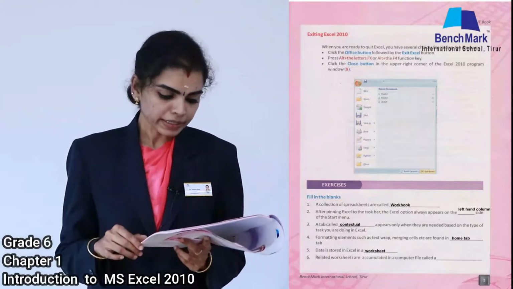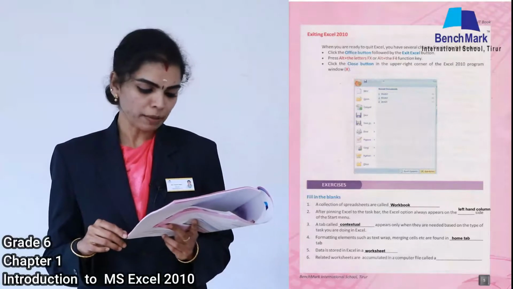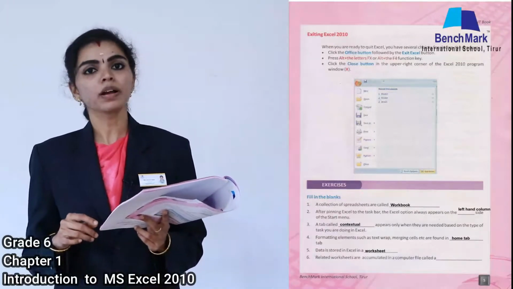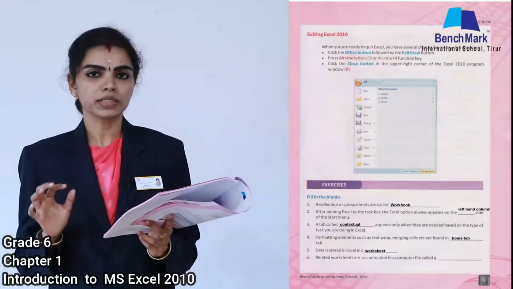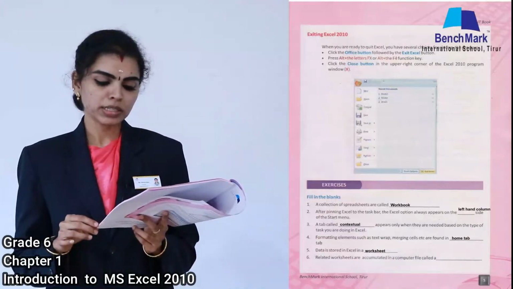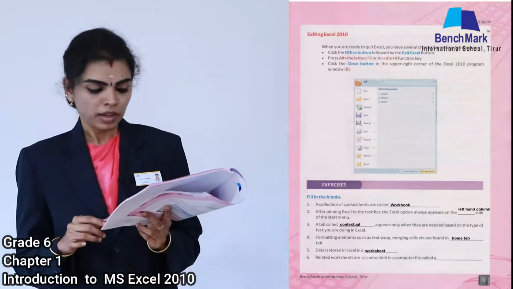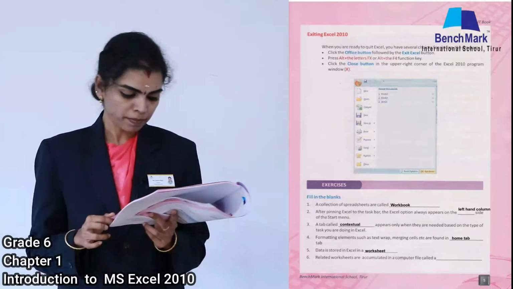A tab called dash appears only when it is needed based on the type of task you are doing in Excel. So what is that tab? Contextual tab. Contextual tabs appear only when they are needed. Formatting elements such as text wrap, merging cells, etc. are found in the Home tab.